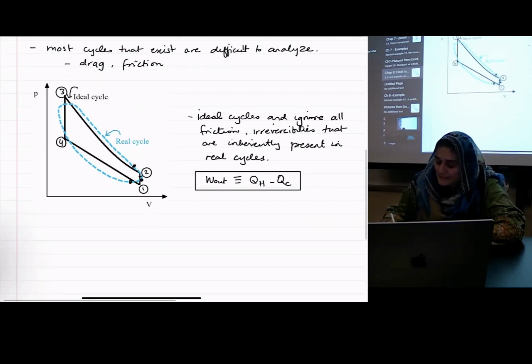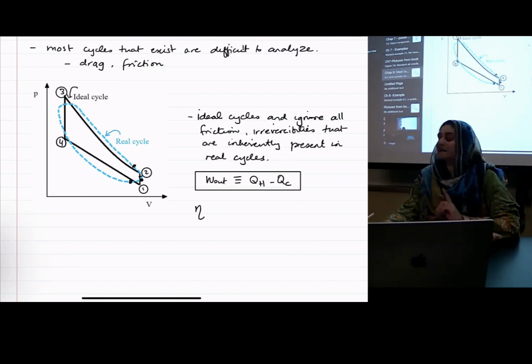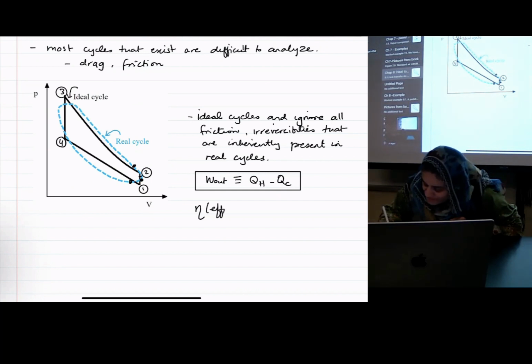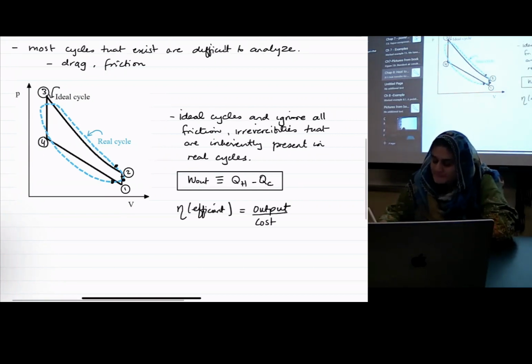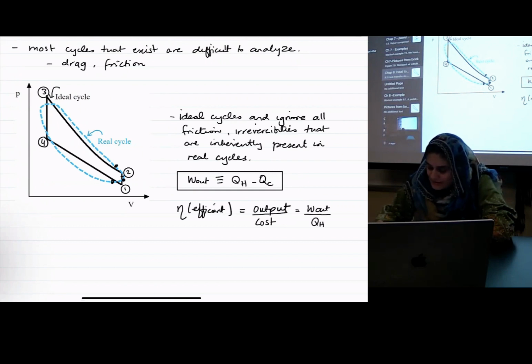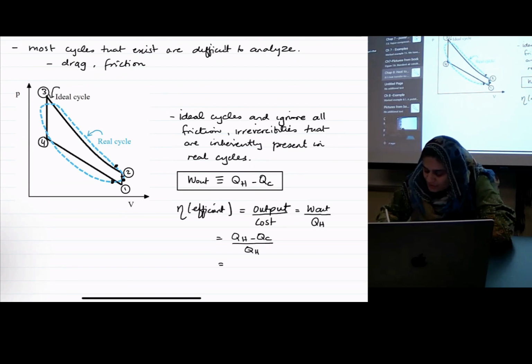And what do we need out of all our cycles? Eta. Eta is how efficient your cycle is, which is output divided by input or cost, which means it is W out divided by QH, or QH minus QC divided by QH, or 1 minus QC divided by QH.